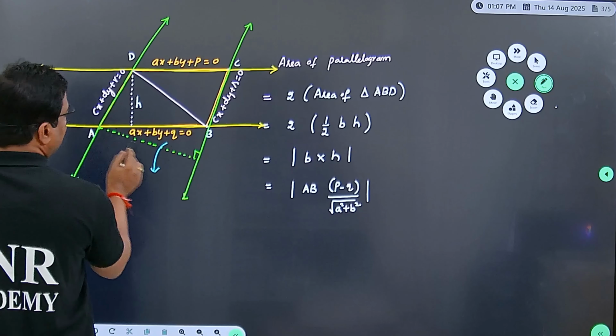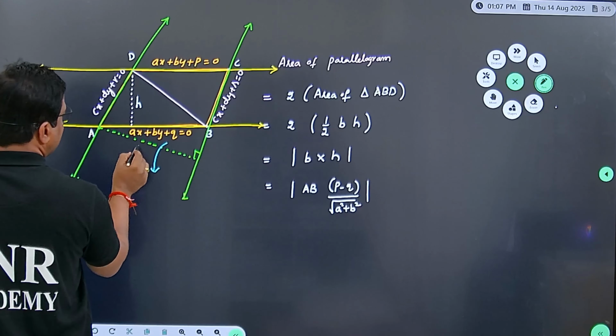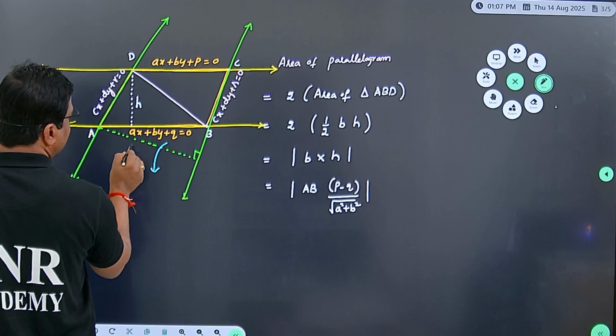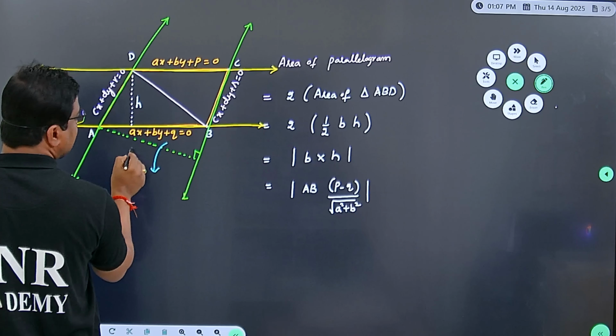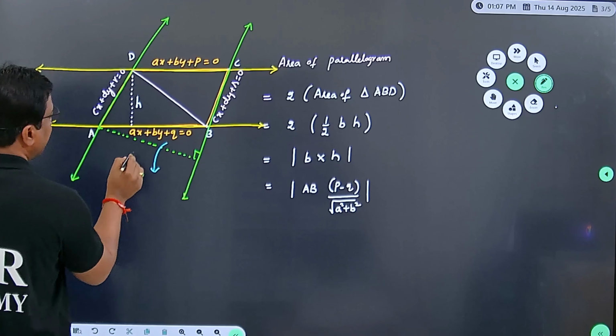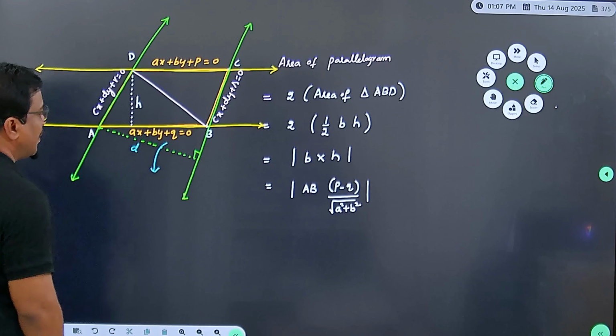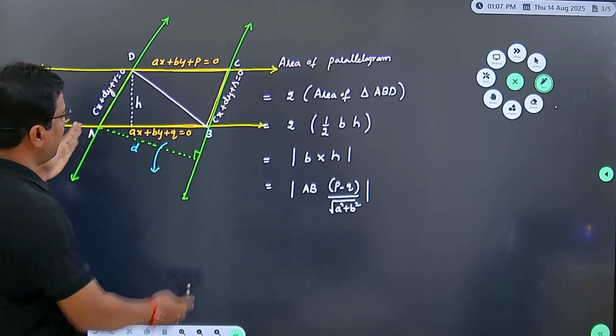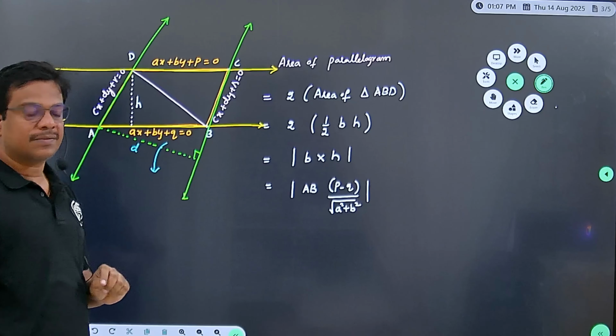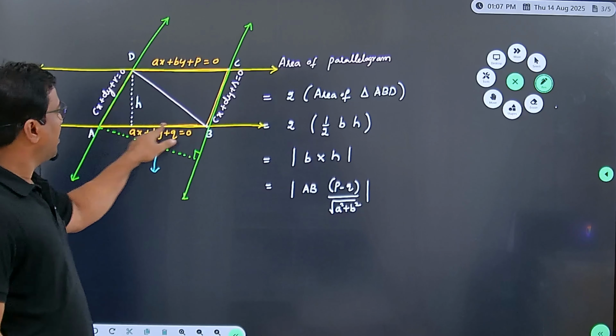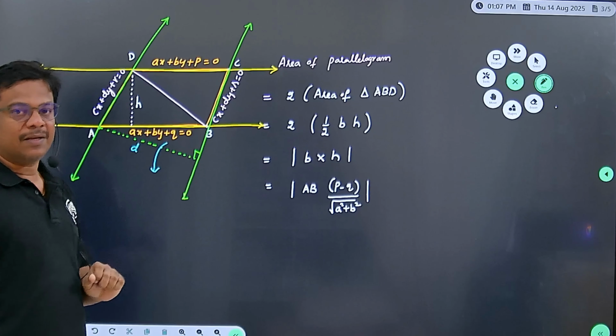Here this is some distance, small d. This is the distance between these two parallel lines, and here the requirement is the length of AB.